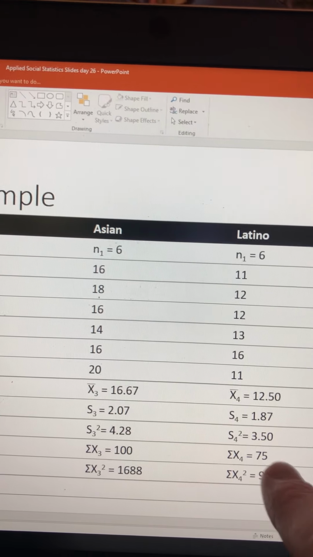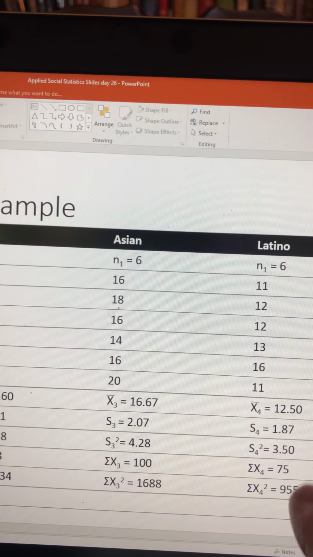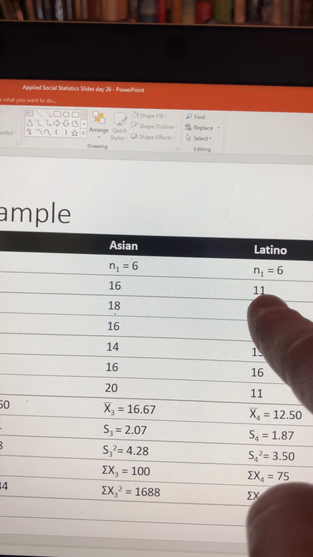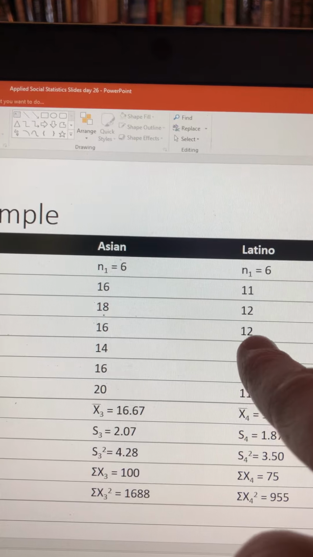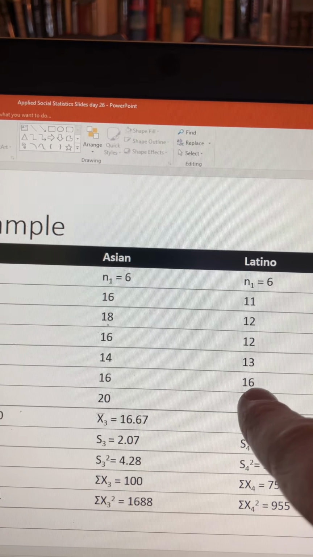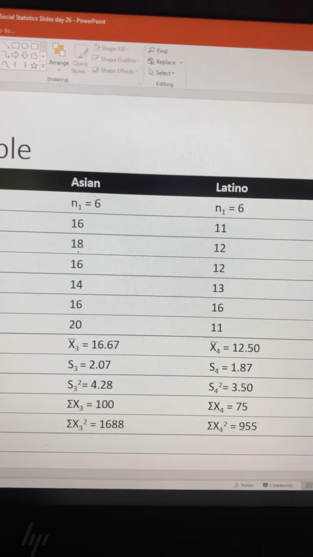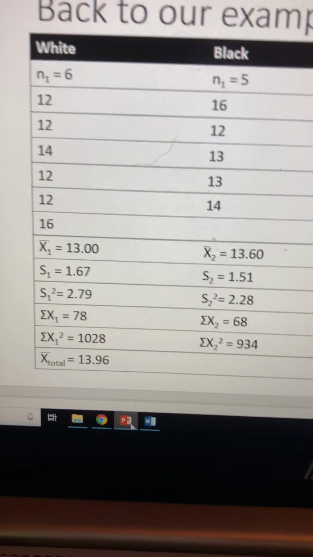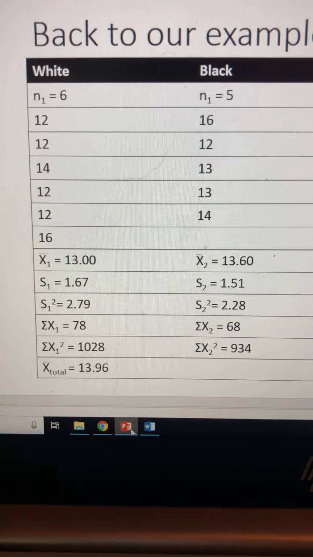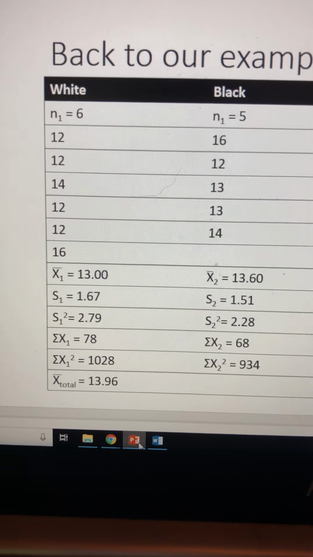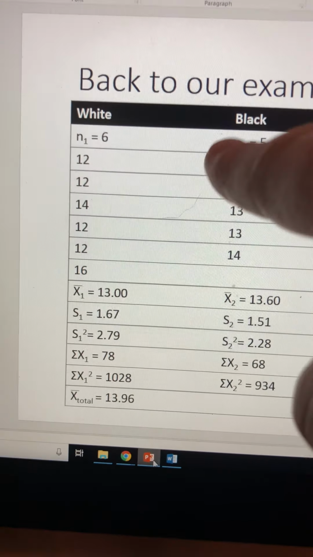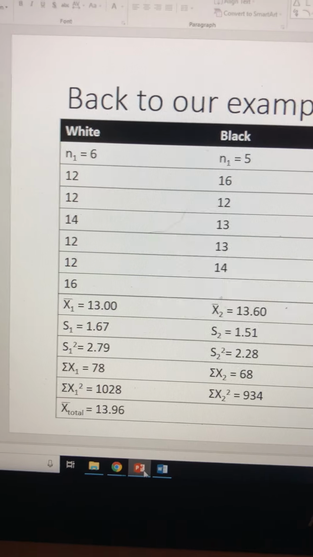But we don't square the sum. We take the sum of the squares. So 11 squared plus 12 squared plus 12 squared plus 13 squared plus 16 squared plus 11 squared is equal to 955. And then the x bar total is just our total mean. Again, you can't take the mean of means; add up all the values and divide by 23.